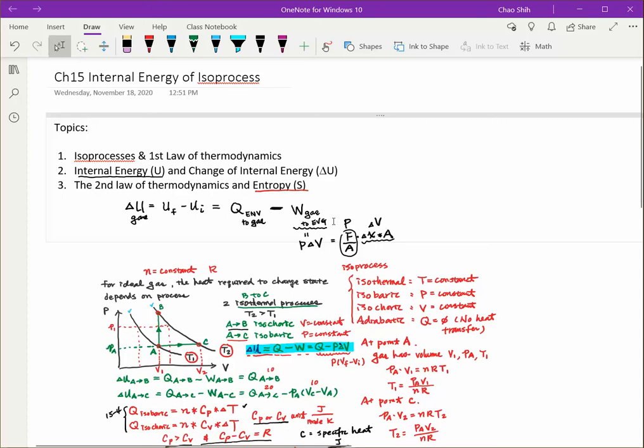So we are looking at how the gas is doing work to the outside, then you put it negative. On the other hand, if you write positive, then W should be the environment doing work on the gas. So the sign is important. A lot of people make mistakes during the exam simply because they mess up the sign over here.